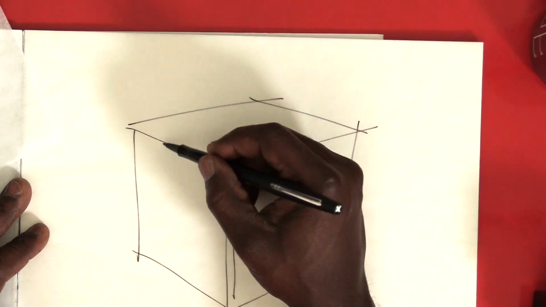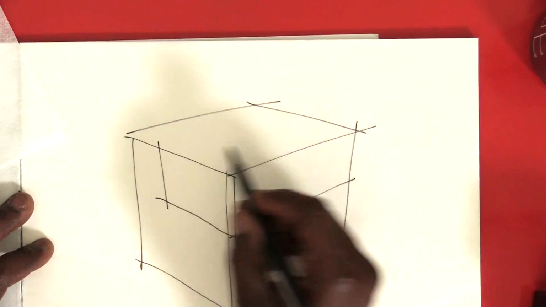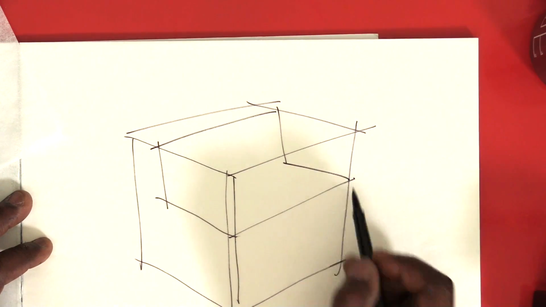and I can divide this shape and just make these operations.